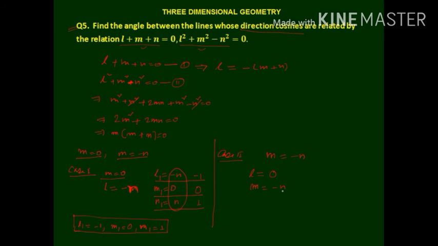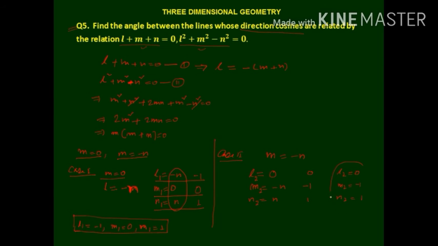M is equal to minus N, and N is N only. So here I'll consider these as the direction ratios of the other line. In a similar way, they are proportional to 0, minus 1 and 1. So I can consider the direction ratios of the second line to be 0, minus 1 and 1.